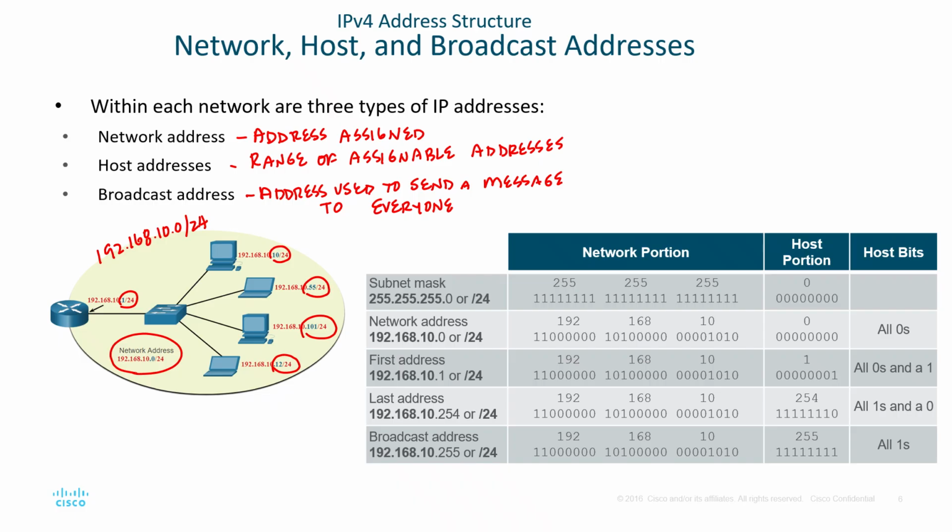So in this example, my network address is 192.168.10.0 with a prefix of 24. Your first addressable is going to be one above your network address. Again, I am talking about a class C. I know that I can have between 0 and 255.